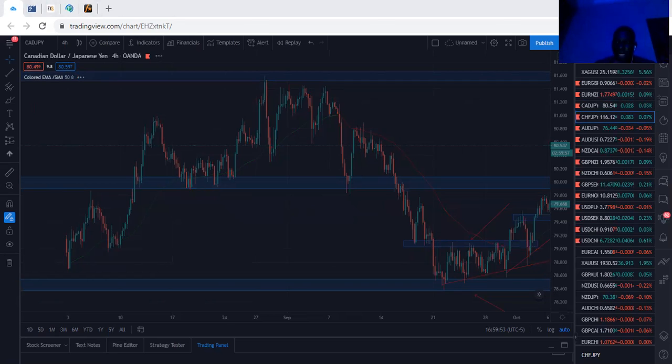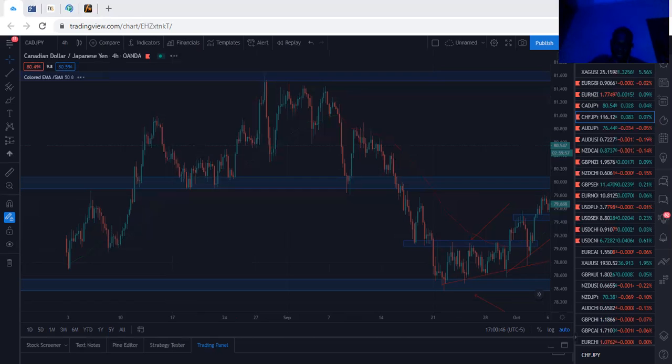So this is my AUD NZD. This is a trade setup. I have been waiting for it to line up since last week. I've been waiting for the trade to make sense, and before I hop in on this trade, let's see what we have here.